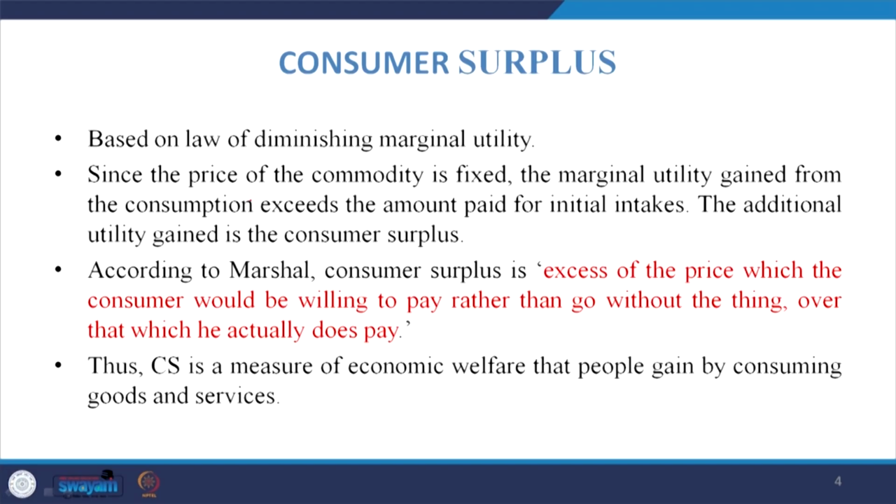Obviously, the first unit has higher utility than the second unit. So, the consumer would be willing to pay a higher price for the first unit as compared to the second unit, third unit, fourth unit, etc.